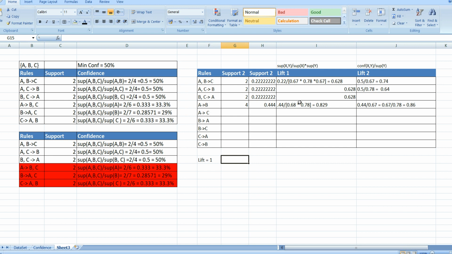So we cannot come up with a rule which says they are going to appear together. When we have a lift that is greater than 1, this is the interesting lift that we would want to consider. A value greater than 1 means that these items are dependent on each other. One item can improve the sales of the other.